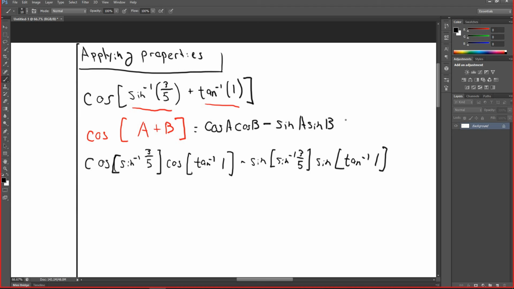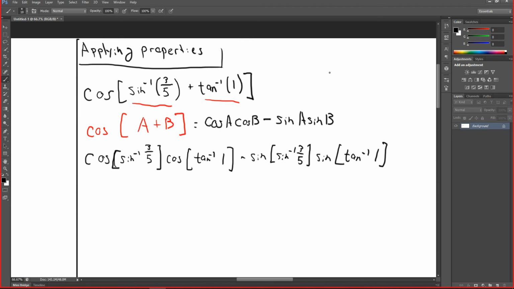Then what I do is I just go and draw. So first I use identities, and then our second step becomes to draw.